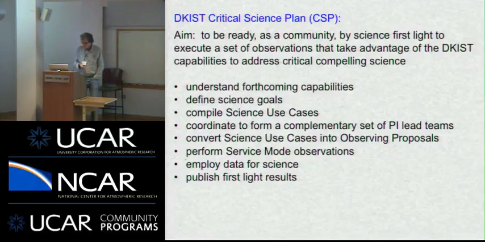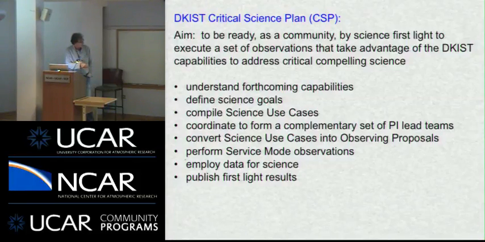What I've done here is very crudely put together a timeline for what we would want to do. As a community, we want to understand the capabilities and define the science goals and see how those couple together. We're going to try then to compile a set of science use cases, coordinate these into a set of teams, and convert those use cases into real observing proposals to run in the first year and a half, 2 years of observations.